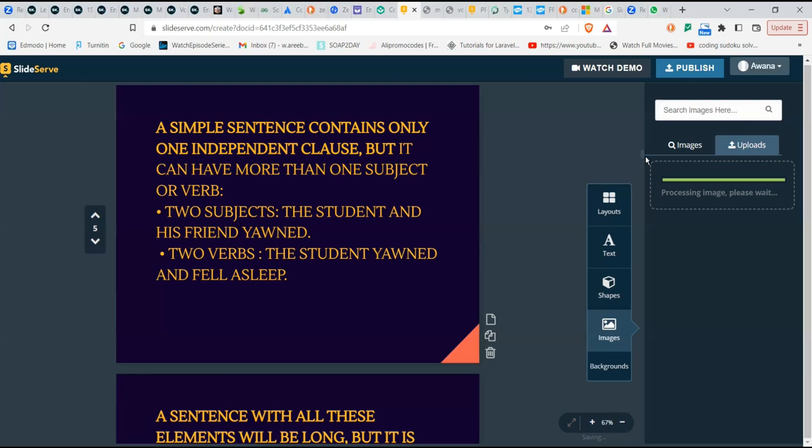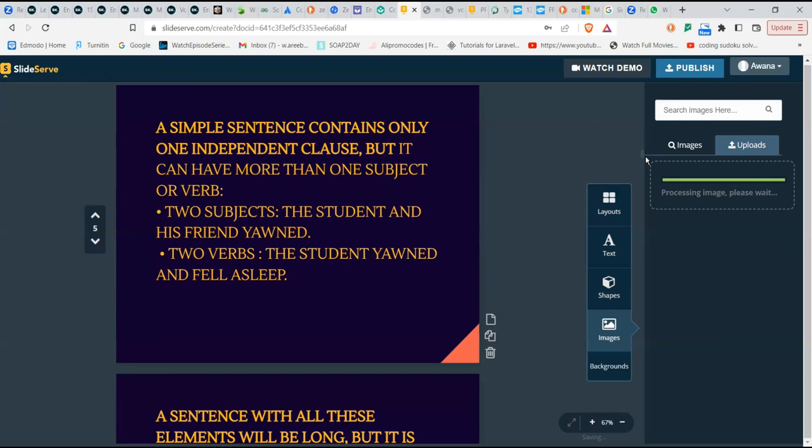So what did we say before? We said a simple sentence contains one subject and one verb. So now if we are using two subjects over here, it won't count as two, it will count as a compound subject.